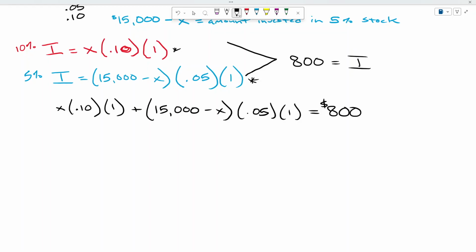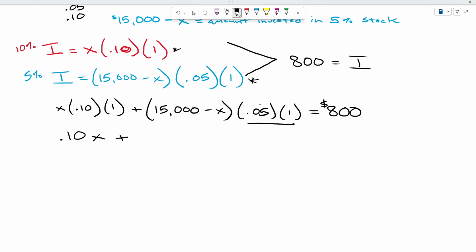All right, so now let's get rid of our parentheses. So 0.1 times 1, that's just still 0.1 times x would just be 0.10x, and then plus, when we multiply these out, of course, that just stays 0.05, and then let's distribute right away.